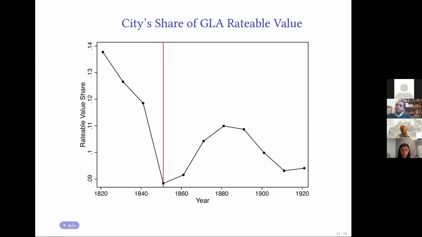It must be offsetting the secular decline in its share. And that's again going to be something that our model predicts. This new transport technology enables a separation of workplace and residence, and it's going to make the commercial heart of the metropolitan area relatively more valuable.